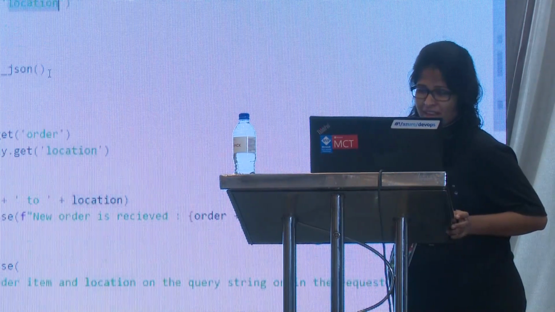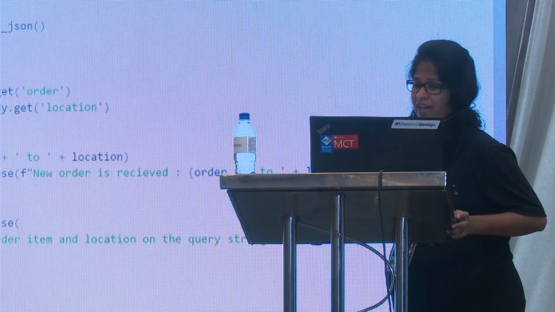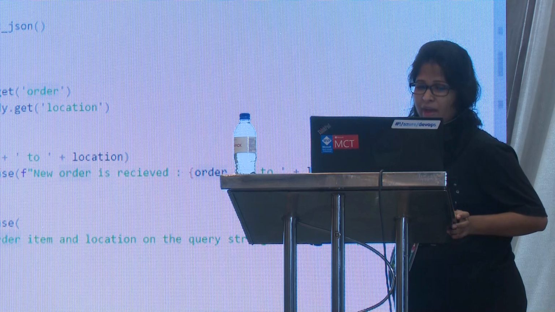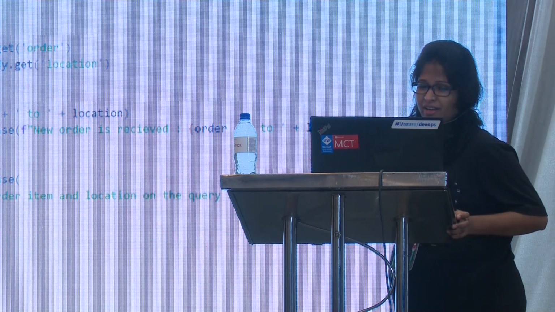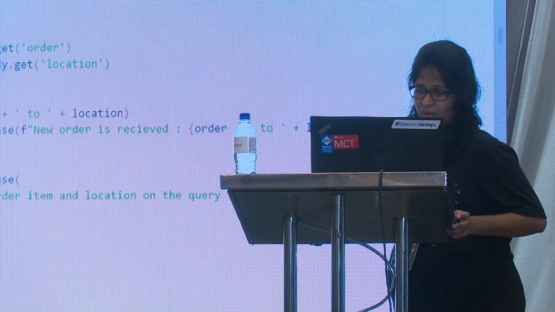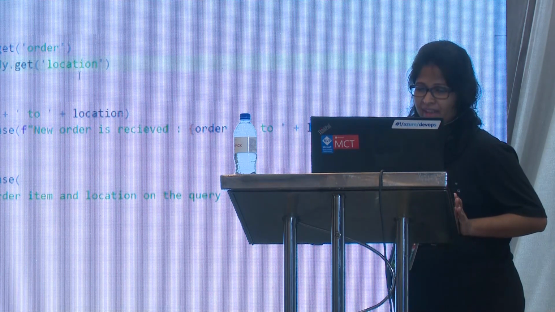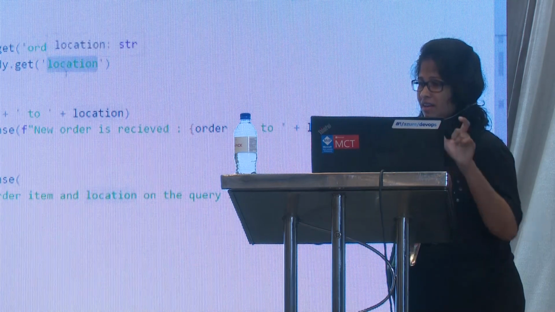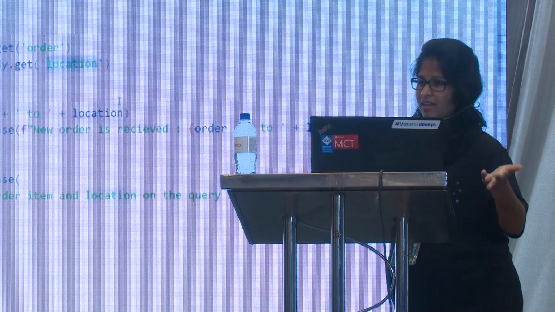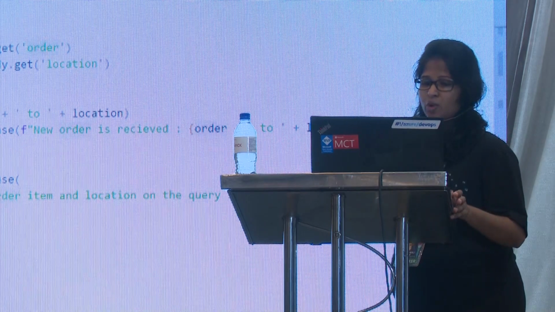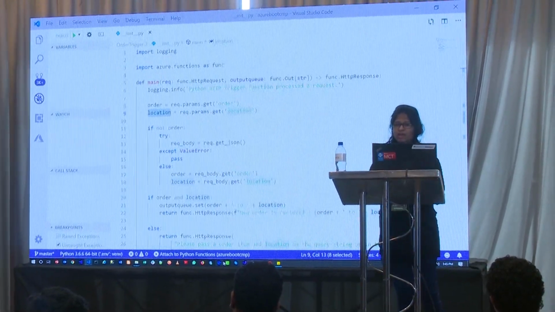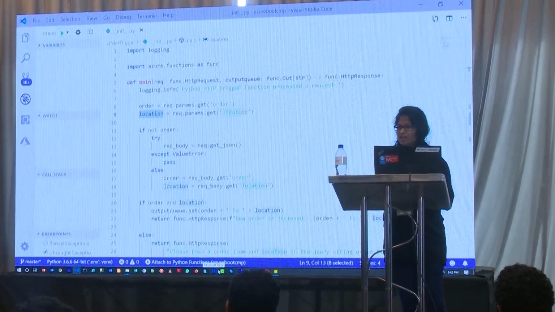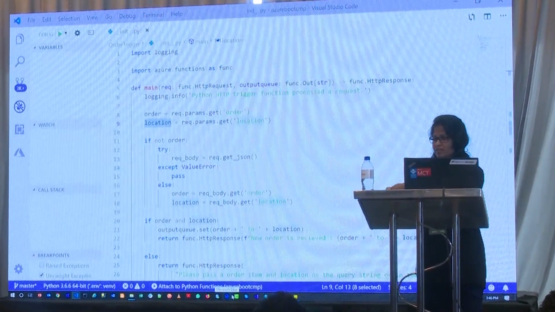If I couldn't find any order information, I am going to read the request body and get the order and location parameters in JSON format and assign them to order and location variables. So I am going to pick the query string parameters for the order and location. If they are not found, I am going to check the request body.